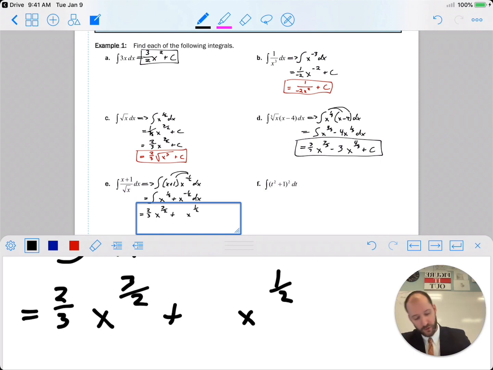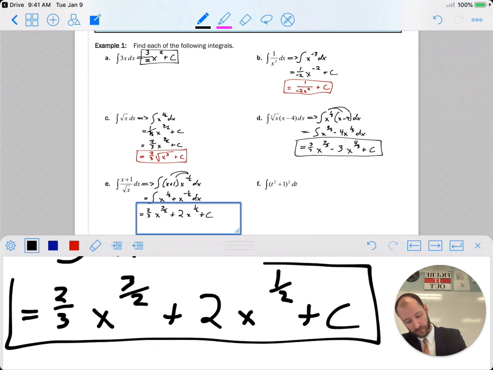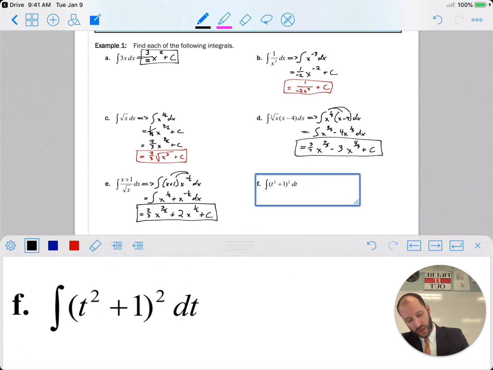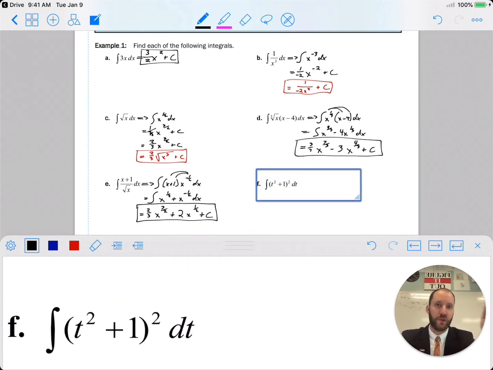Divide by 1/2, so 2. And plus c. So kind of like with the derivatives at first, it took a little bit to get used to it, but then just keep practicing, and practice makes better.